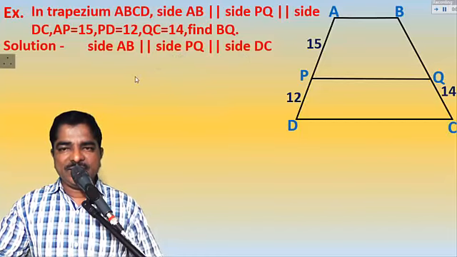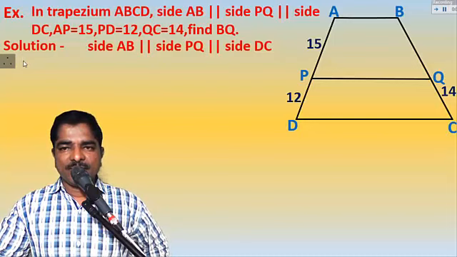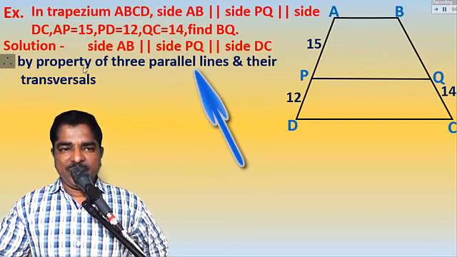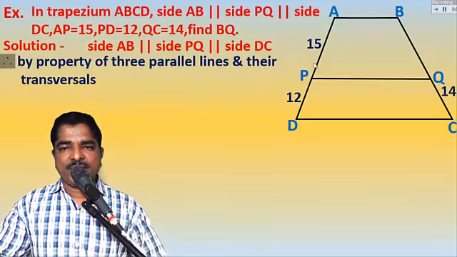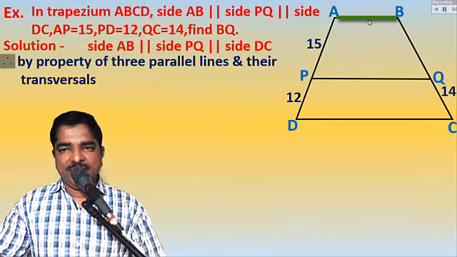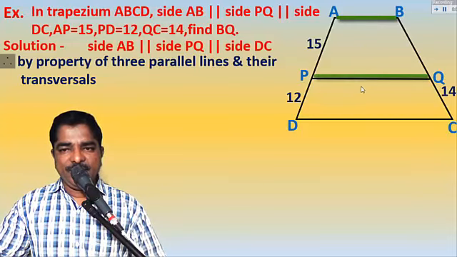Therefore, which theorem can we use? By the property of three parallel lines and their transversals. AB, PQ and DC are parallel lines.